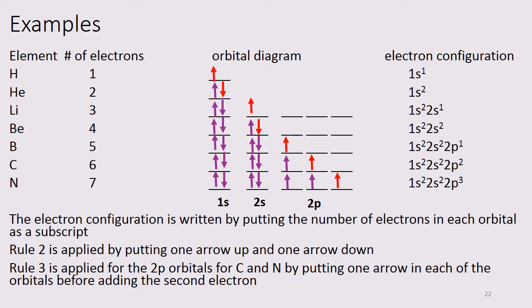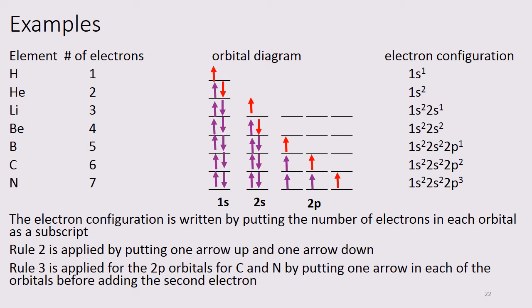It has to go into the next highest energy level, which is the 2s subshell and the 2s orbital. Remember that the second shell has a 2s subshell with 1 orbital, and a 2p subshell with 3 orbitals.